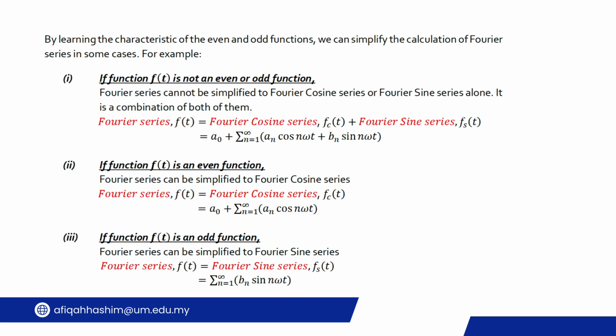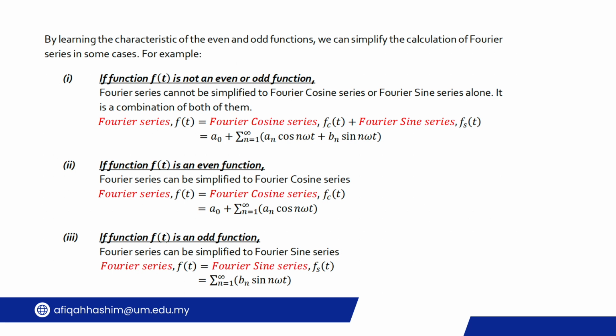For example, in the question, they will give you the equation of the signal. So you need to plot it, right? If you still remember, please refresh on how to plot the signal. You just insert the value of x, then you will get the value of y.